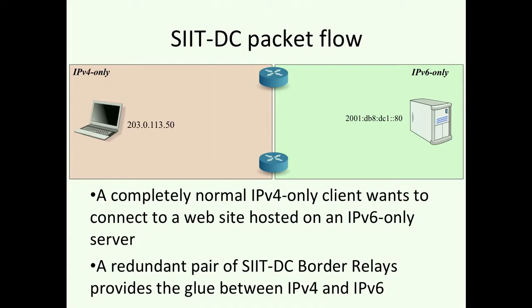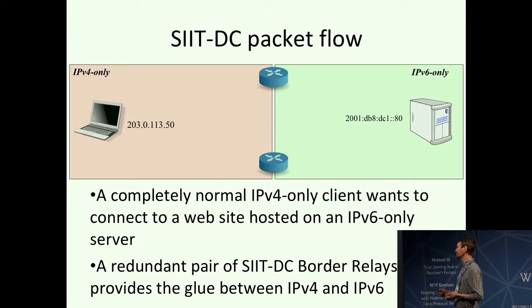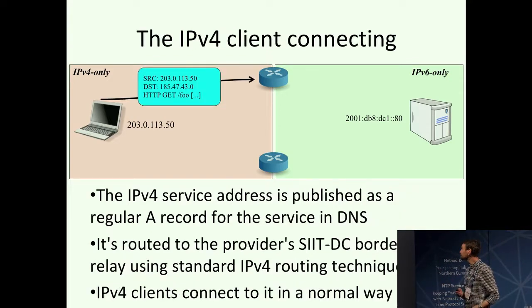So this is how it works. Imagine you have this v4 internet on the left. You have a v6 data center on the right, and you have one client on the internet that needs to speak to this v6 only server. And you have these boxes in between that are supposed to do translation. And those are called border relays because they sit at the border between those two, v4 domain and the v6 domain.